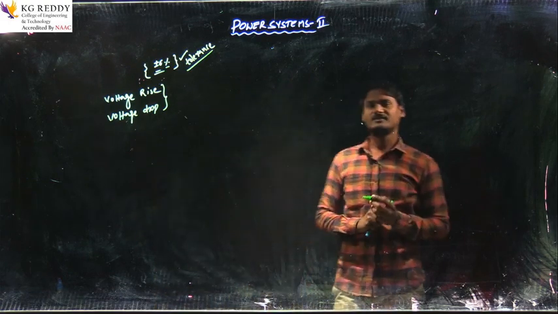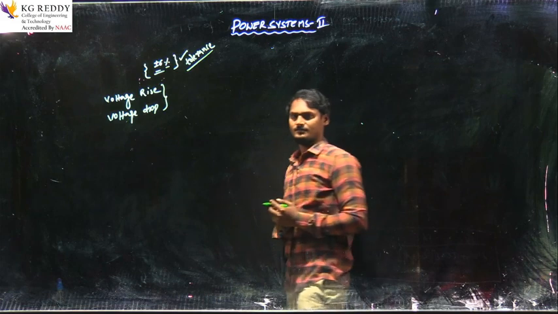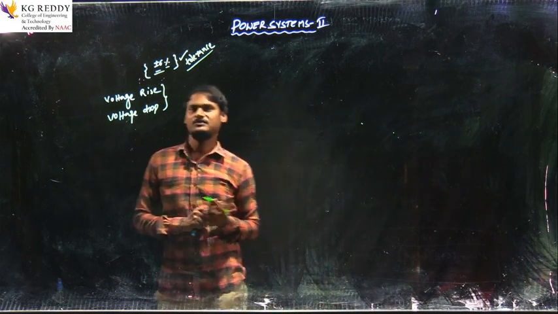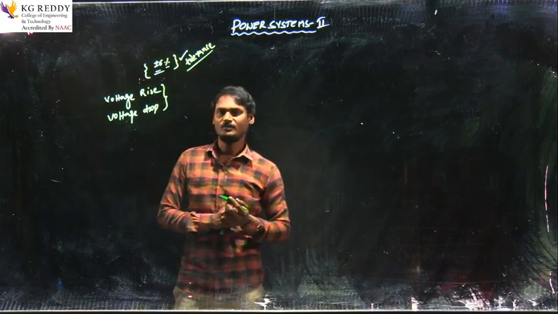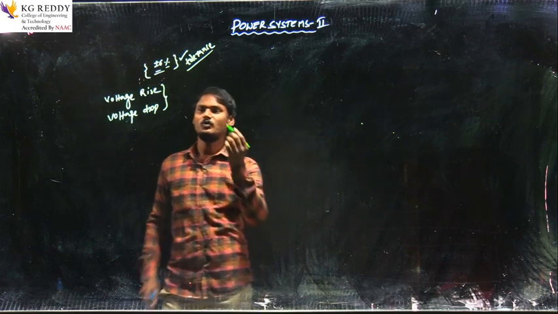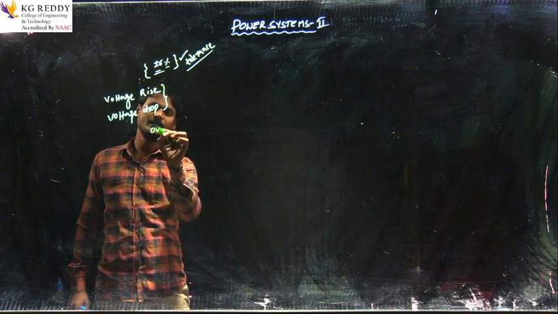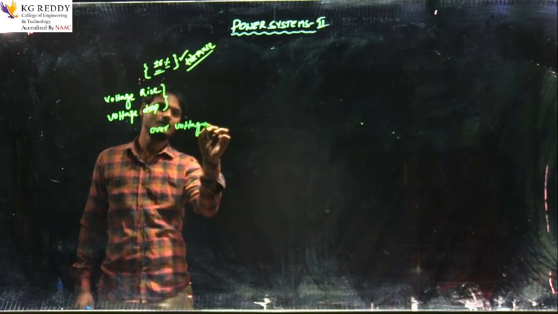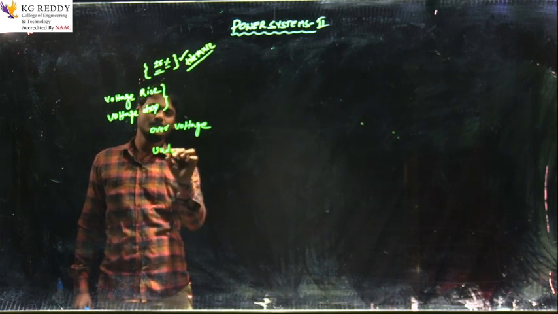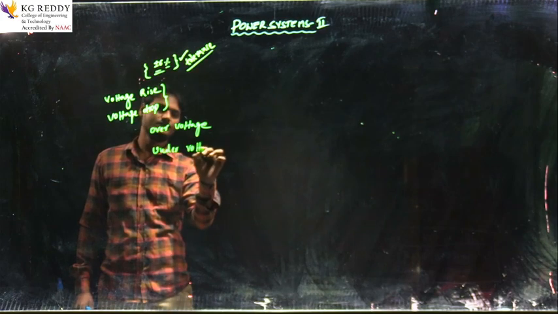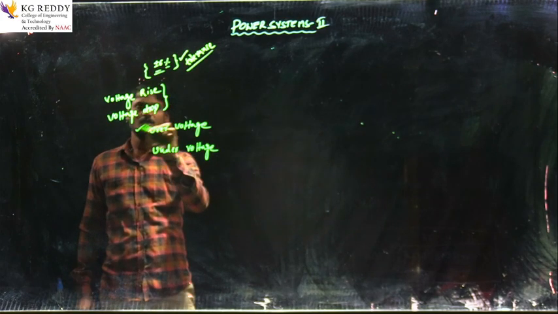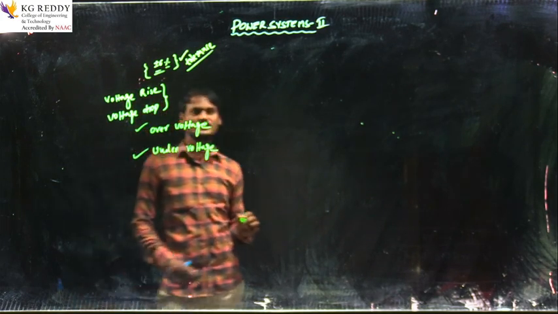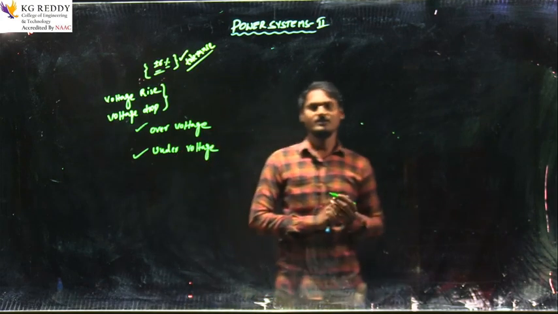Because of voltage fluctuations, we will get two kinds of conditions: either an over voltage condition, or an under voltage condition.